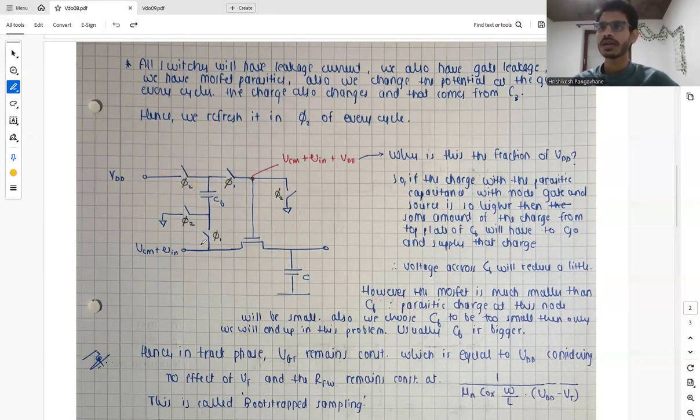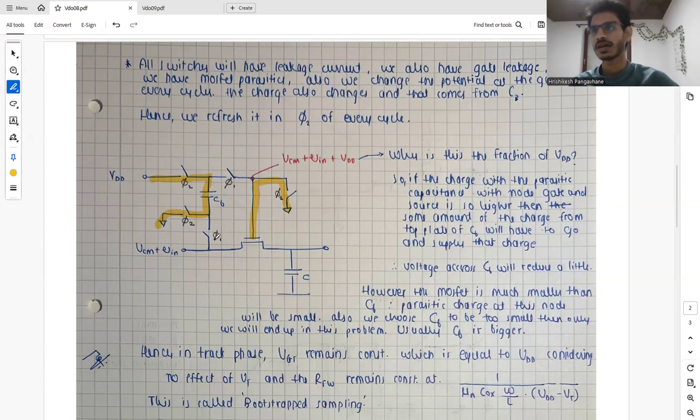But now what we need is to take care that during phi 1, our phi 2 should not be overlapping, or phi 2 should be open when phi 1 is closed. And when phi 2 is closed, our phi 1 should be open.